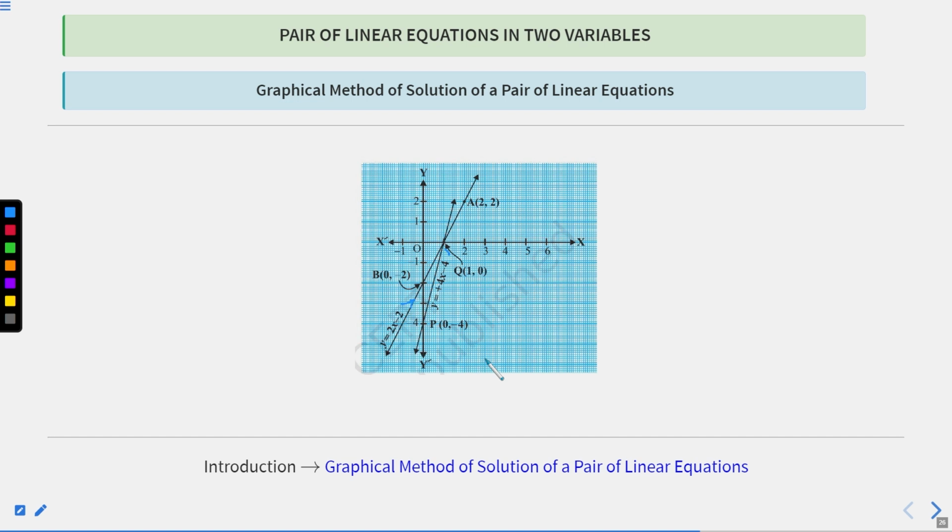And here you see at the point 1 comma 0, they are intersecting each other. So the intersection point of these lines is 1 comma 0.